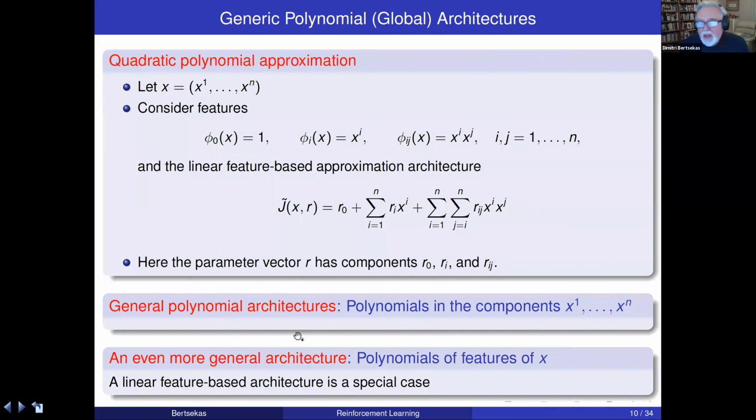An even more general architecture. Instead of having polynomials of state components, quadratic or higher order, we have polynomials of feature vectors of x. In other words, we construct for x an m-dimensional feature vector, and we construct a polynomial architecture that weighs the features. Now that's pretty general. And in fact, this is a valuable architecture in many ways because it combines both linear and quadratic features with problem-dependent features.